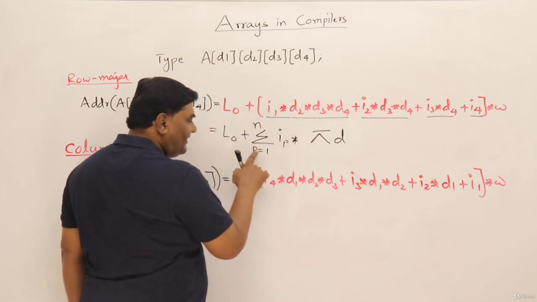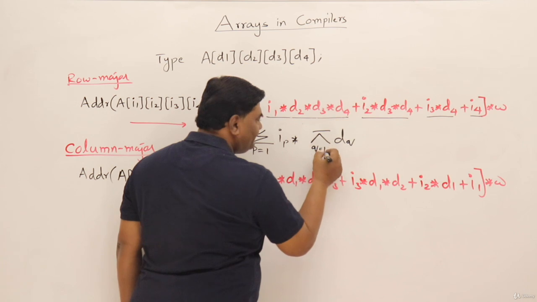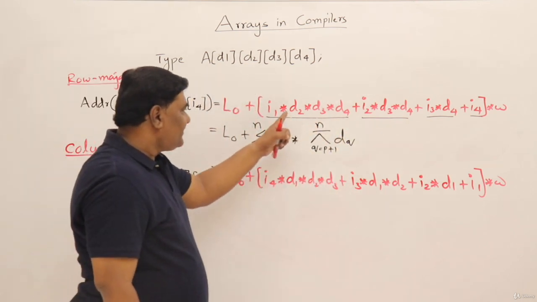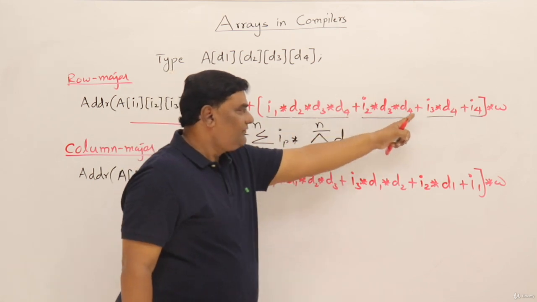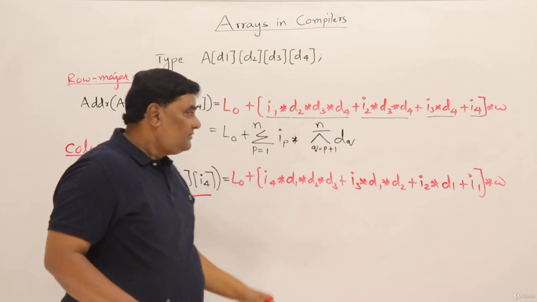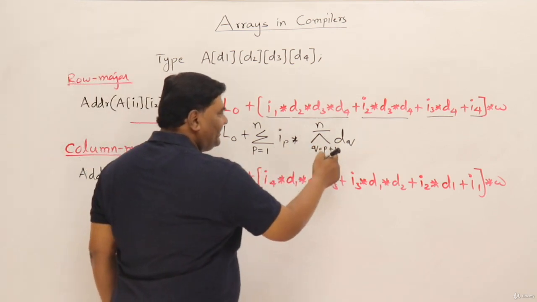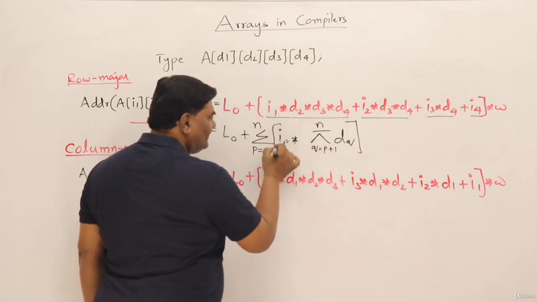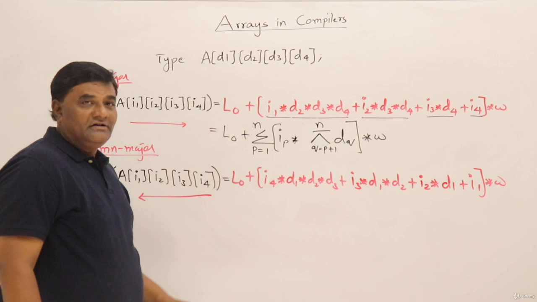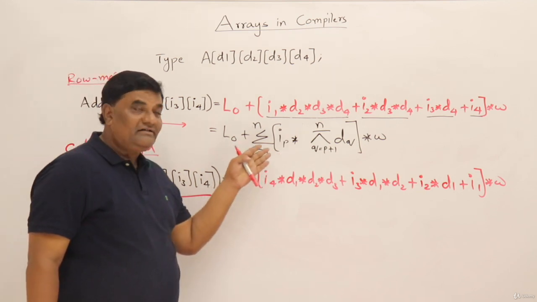So this is taking the values after P. So this is Dq, and Q takes the values from P plus 1 to n. So it is going from 2 to 4, 3 to 4, 4 to 4. So Q takes the values from P plus 1 to 4. And this whole thing should be multiplied with W. So this is the row major formula in the general form for n dimensions.